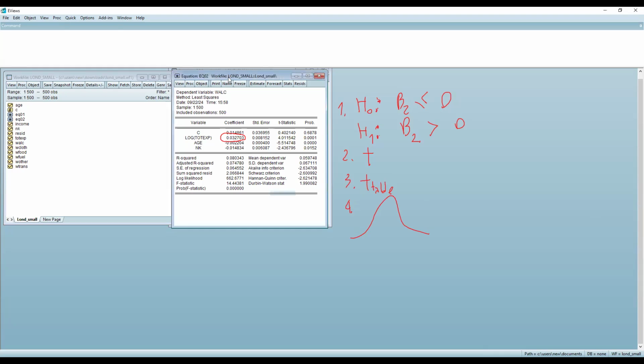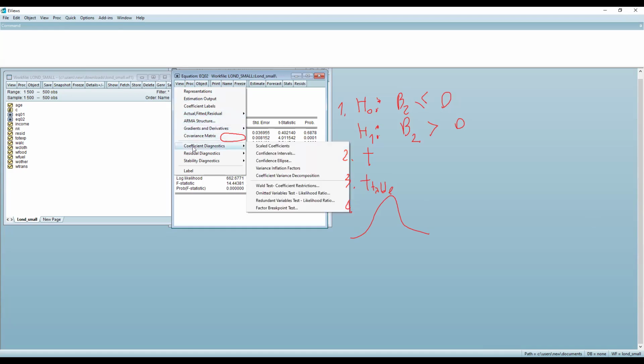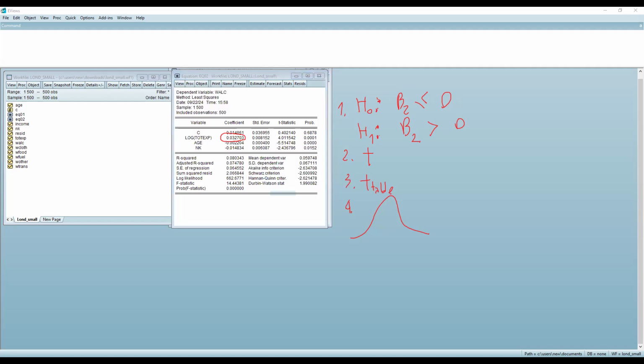So from this printout, EQ02, let's click on View and see Coefficient Diagnostics and click on Wald Test. I will write the steps for you because the font is really small.